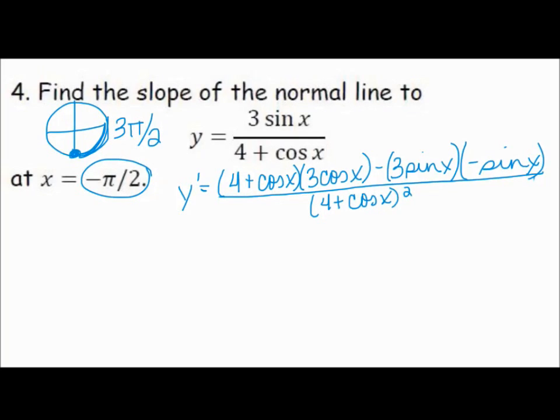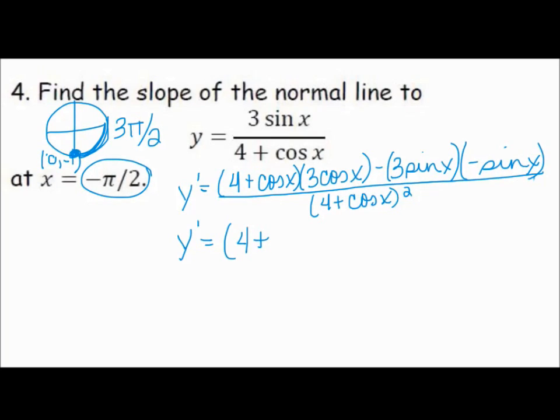So let's go ahead, this is probably easier if we just plug in. So y prime is equal to 4 plus, and if you come over here, we're talking about this point right here, and the point is 0, negative 1.